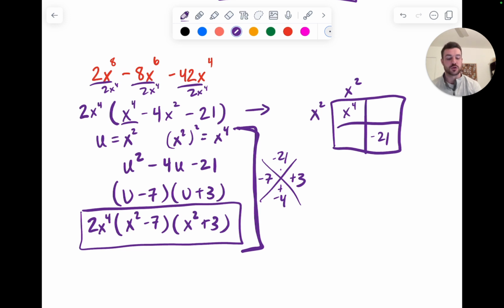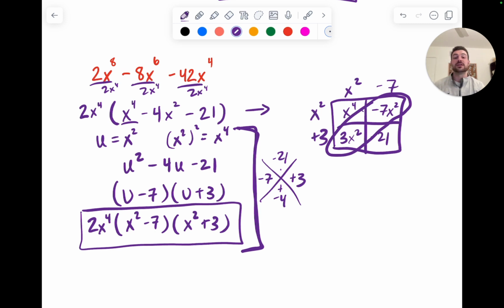Now I just need those two numbers that are going to multiply to negative 21, but add to negative 4. And again, that is going to be a negative 7 and a positive 3, because I'll have a 3x squared, right? Length times width. And then over here, I'll have length times width, which is x squared times negative 7, or negative 7x squared.